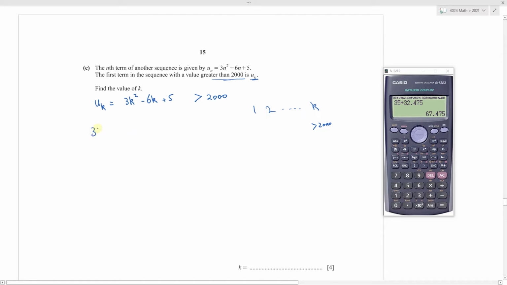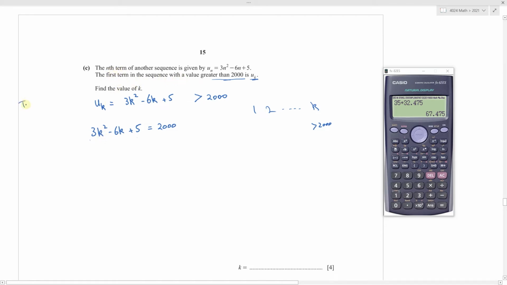So I can write this as 3k square minus 6k plus 5. To find the value of k, I will use an equal sign here. This will give me the value of k for which this expression is equal to 2000. Since we are looking for a number greater than 2000, whatever value of k I get, I will take the next larger integer of k, since k is an integer because it is the term number.